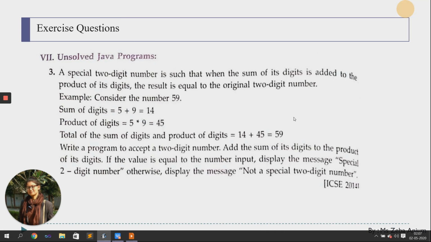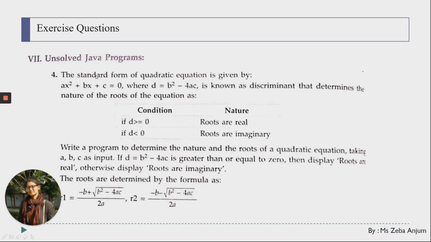Now let us move to our next question. What equation is given in this formula: ax square plus bx plus c. You are having this formula, and with the help of this you find all the things, including the square root.